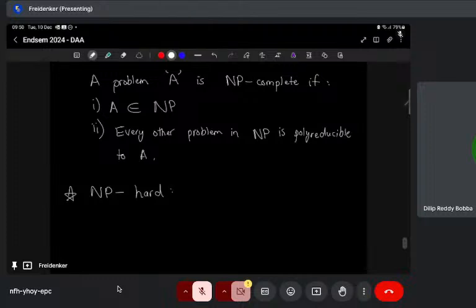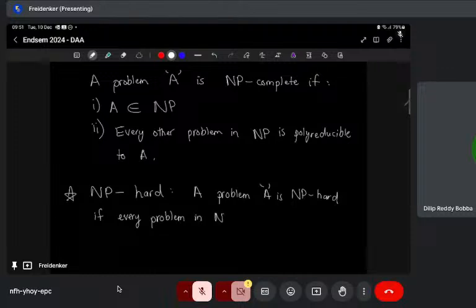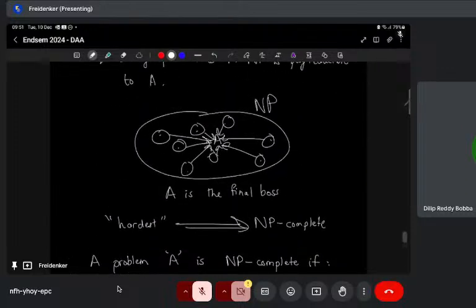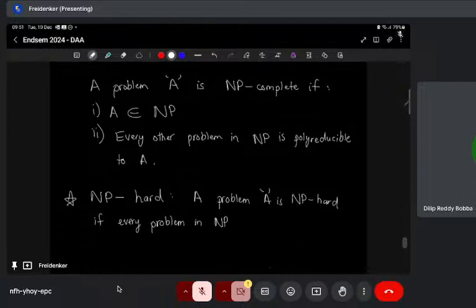So NP hard has only one condition. I'll just write the condition. A problem A is NP hard if every problem in NP is polynomial-time reducible to A. I'm not going to write polynomial again.